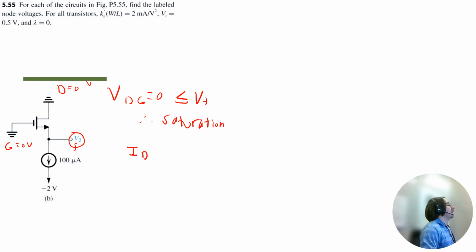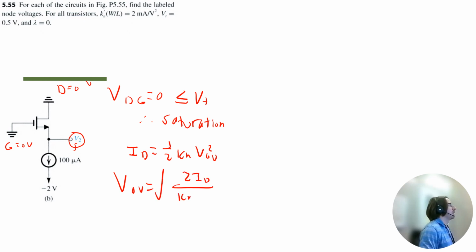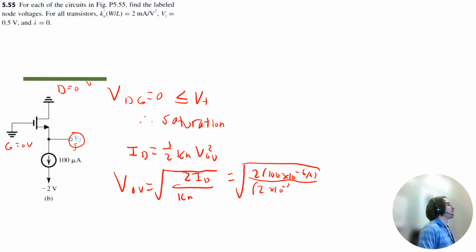So we can say ID is equal to 1/2 times Kn times V overdrive squared, and therefore V overdrive is equal to the square root of 2 times the drain current divided by Kn. Here our drain current is 100 microamps, which I'm going to convert to amps, so 100 times 10 to the negative 6 amps, divided by Kn, which is 2 times 10 to the negative 3 amps per volt squared.